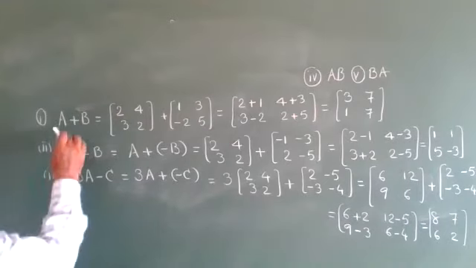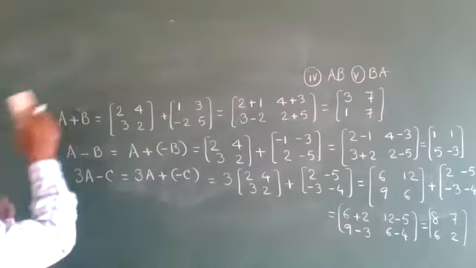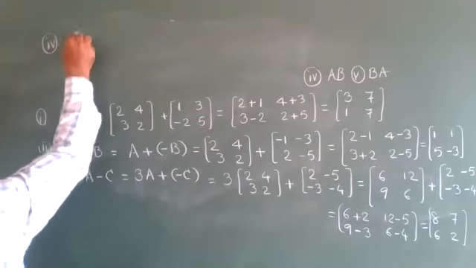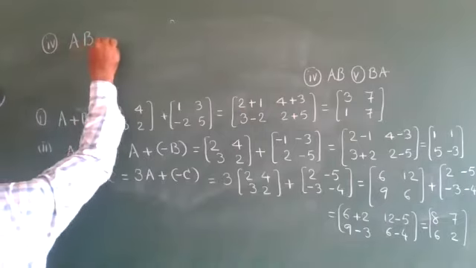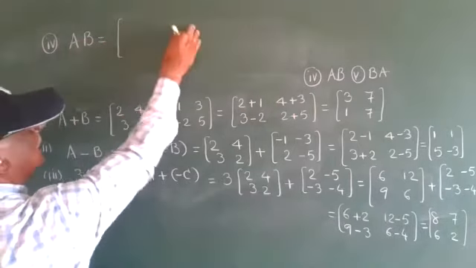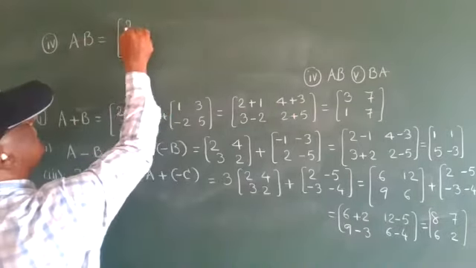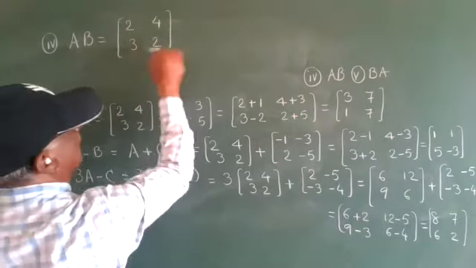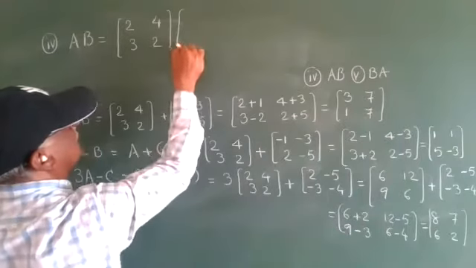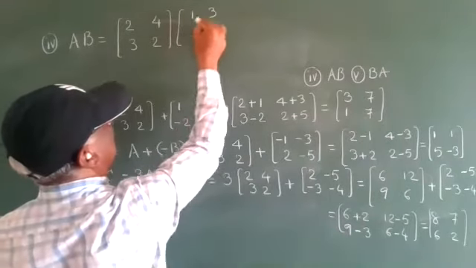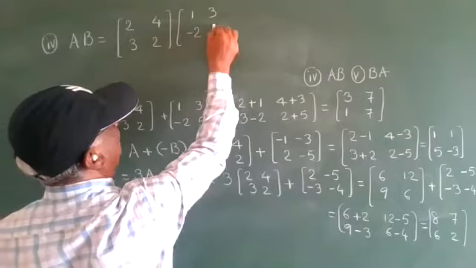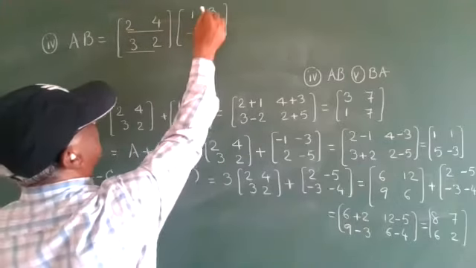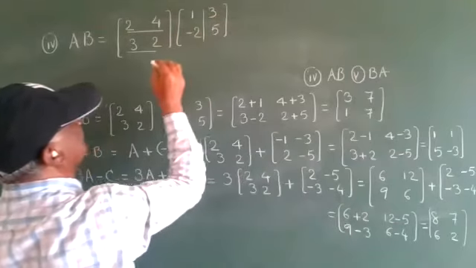First, everyone, AB multiplication. Fourth bit: A matrix multiplied with the B matrix, row to column multiplication. A matrix is 2, 4, 3, 2, and B matrix is 1, 3, minus 2, 5. First matrix rows underline, second matrix columns underline.